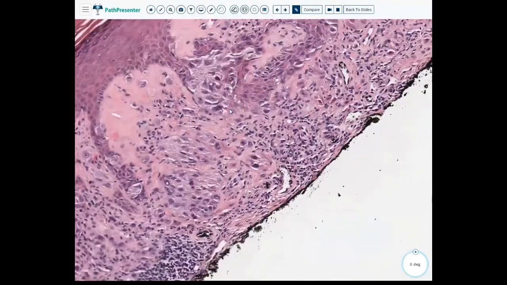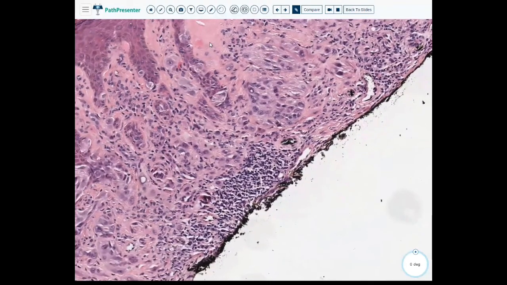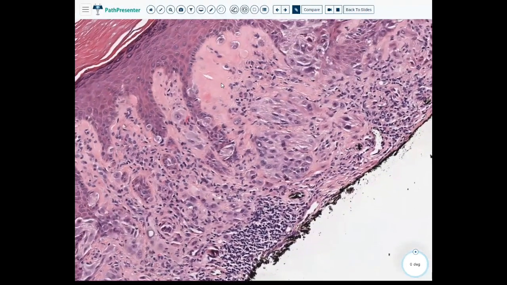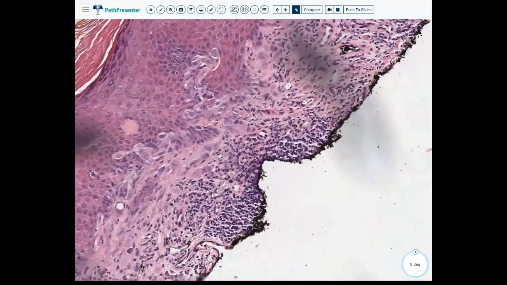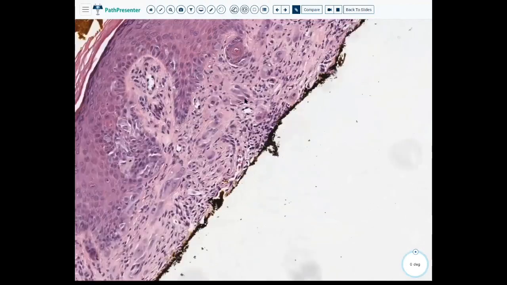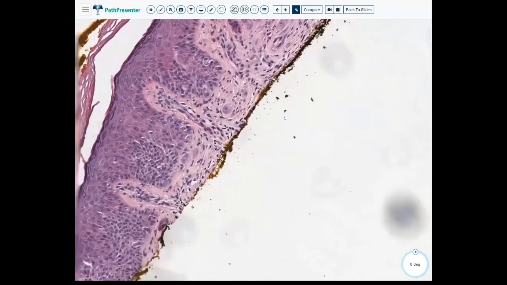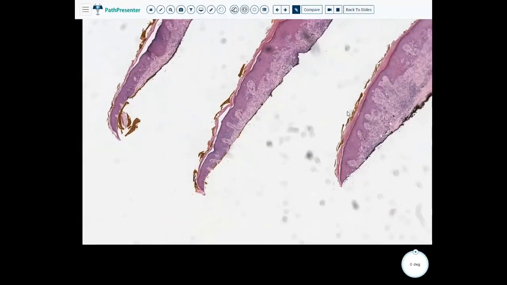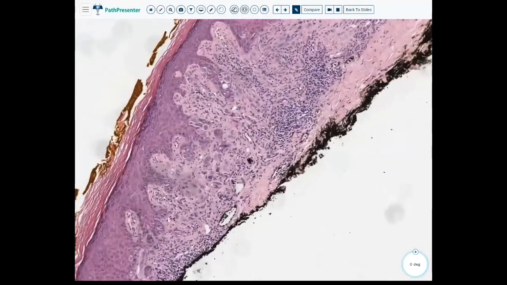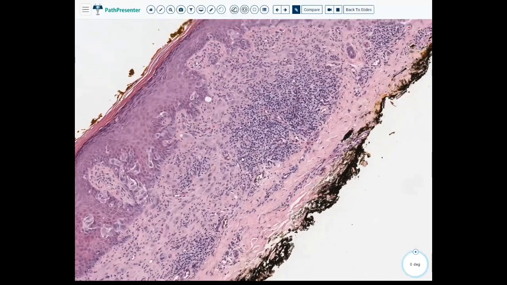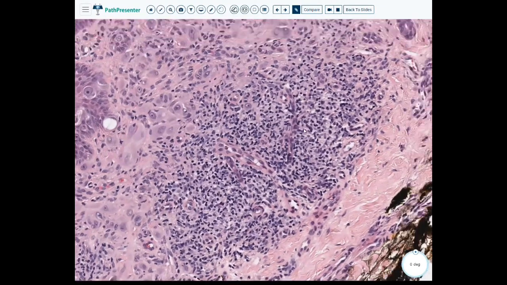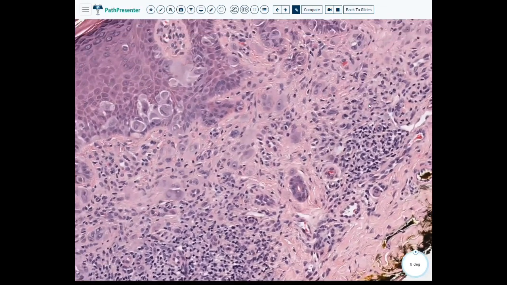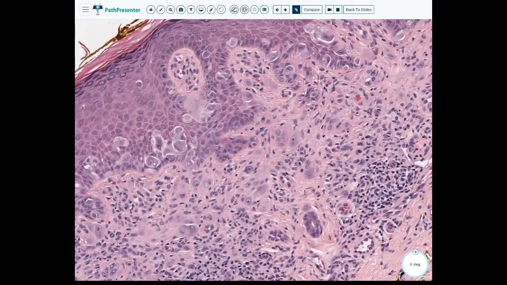Just trying to see if we see anything else. There is maybe some increased collagen deposition within the papillary dermis. So maybe this has been irritated at one point or another, which is totally possible. We have a little bit of a dermal lymphocytic component. Remember, our focus is these melanocytes.